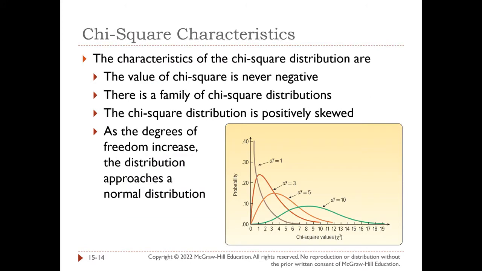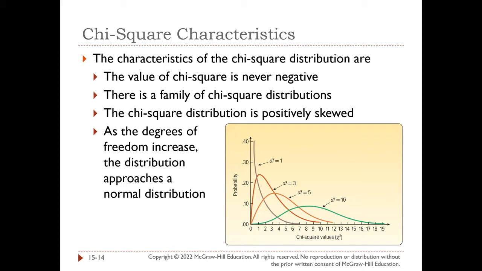So, chi-square, what is it? Well, the characteristics of the chi-square distribution are as follows. The value of chi-square is never negative, just like the F distribution. There's a family of chi-square distributions.